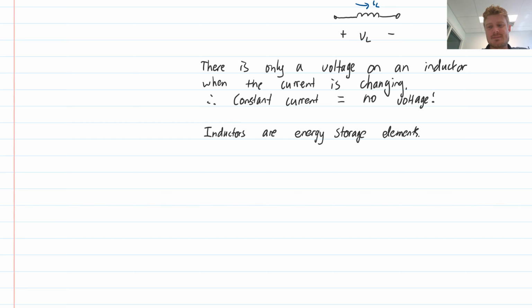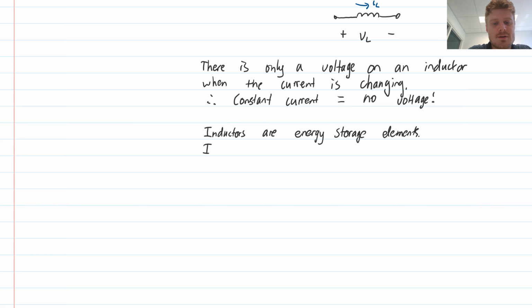You have to transfer some energy to put that magnetic field into place, and then the magnetic field gives the energy back to you as you tear it down. It's a kind of potential energy. So inductors are energy storage elements. It's the potential energy that's stored in the magnetic field. And what they do is try to keep the current the same.